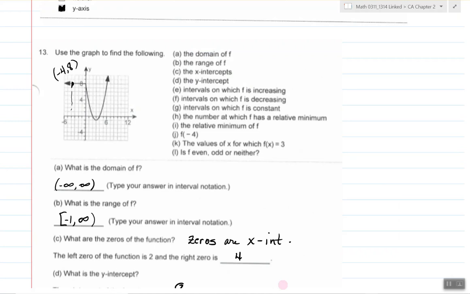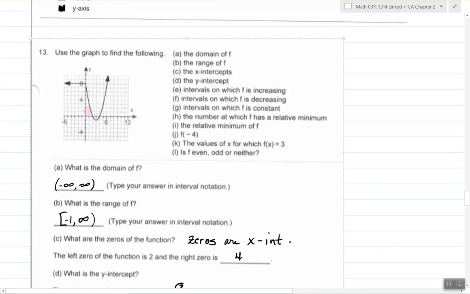When y is 3, we have two different x's. This is the point 1, 3, and this is the point 5, 3.